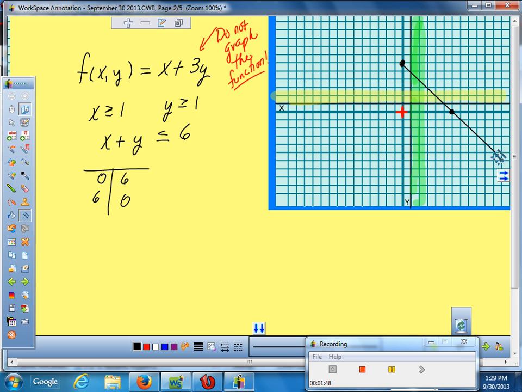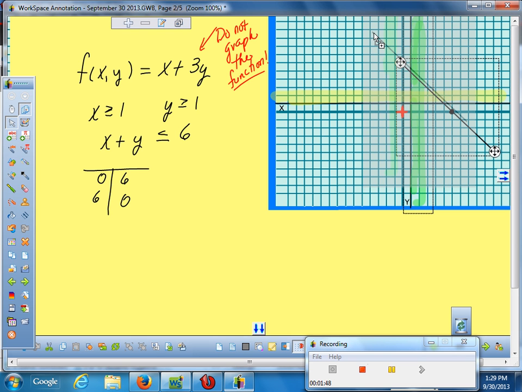And what have we formed? We have formed a triangle. You will discover that when you do these, it has to form a polygon. You have to have an enclosed region. So in this case, it's a triangle. It might be a quadrilateral, a four-sided figure, but it has to be an enclosed region, a polygon.